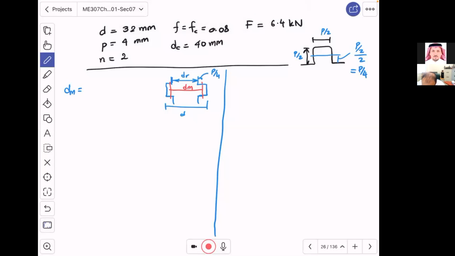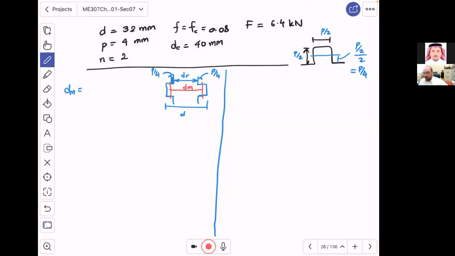And the small distance between the middle of the thread to the root is also P over 4. So you will get 2 P's over 4.